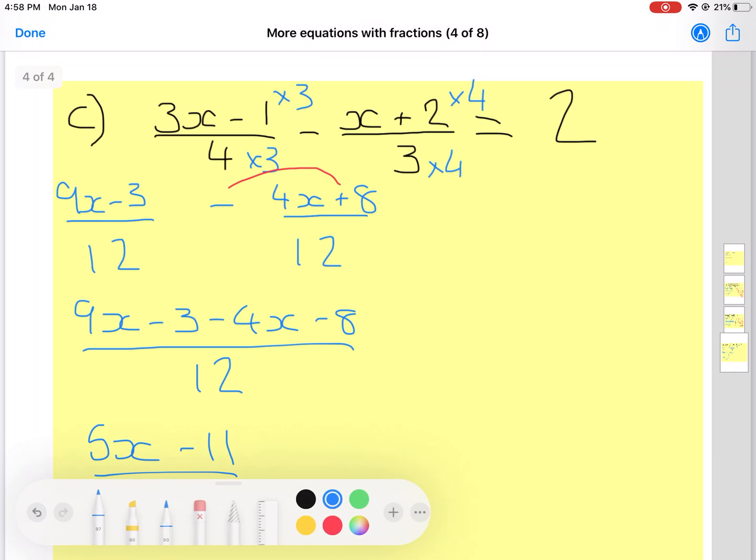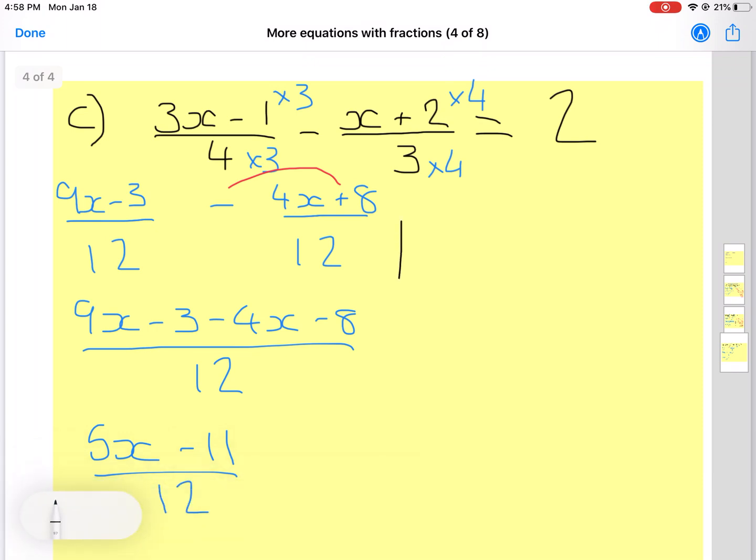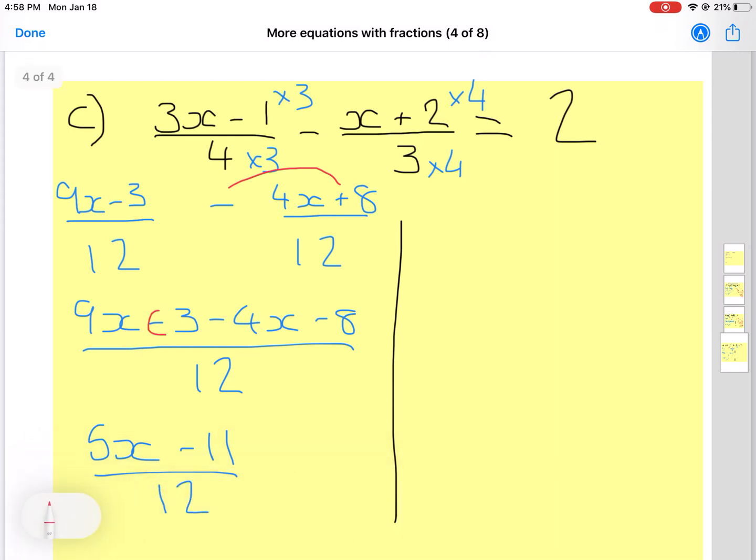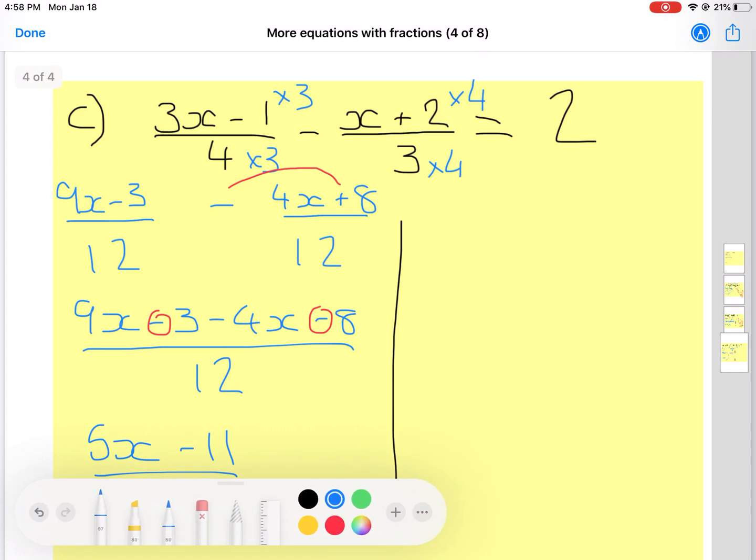over 12. The reason it is minus 11 and not possibly minus 5 or positive 11 is because we have negative 3 take away another 8. So both of those are negatives, we are combining them, start at negative 3 and go down a further 8.